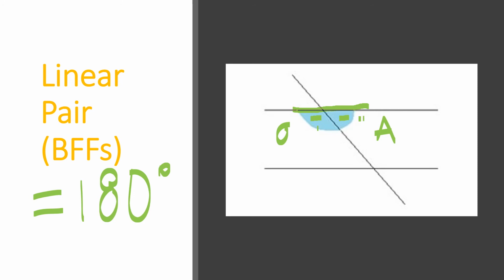This angle, acute or obtuse? Acute. If one's obtuse and one's acute, they cannot be equal. But we know that they together make a line, so they are supplementary. Together they equal 180 degrees.